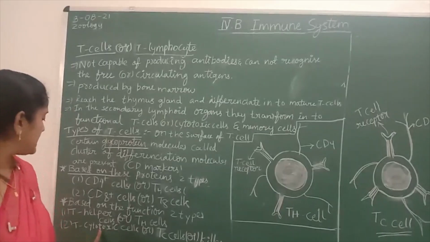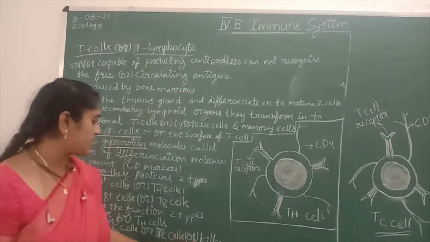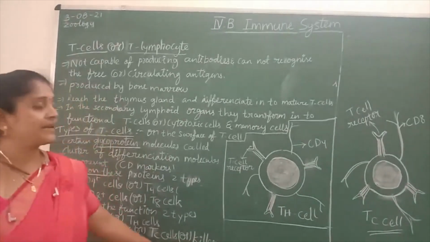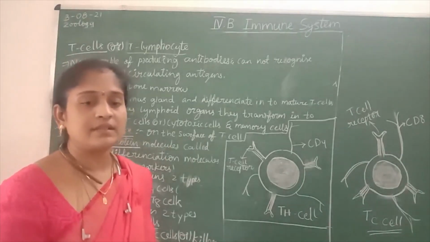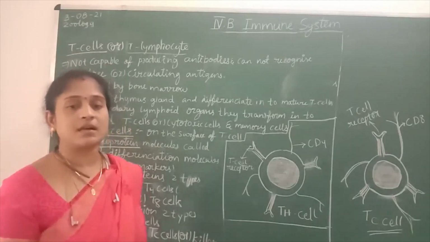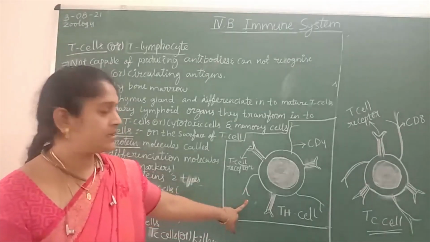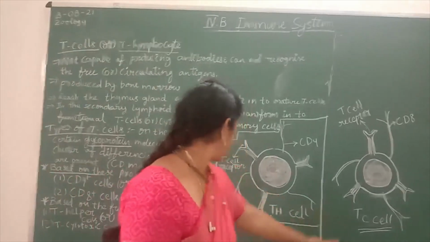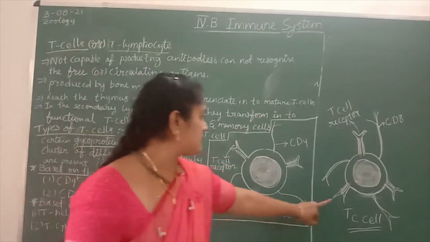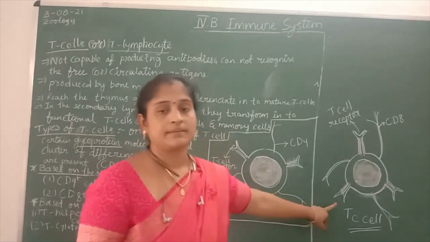The T cytotoxic cells are also known as killer cells. This is the structure of the T helper cell, and this is the structure of the TC cell.